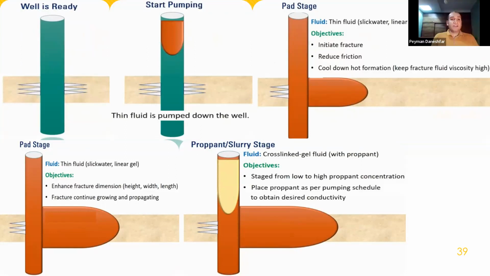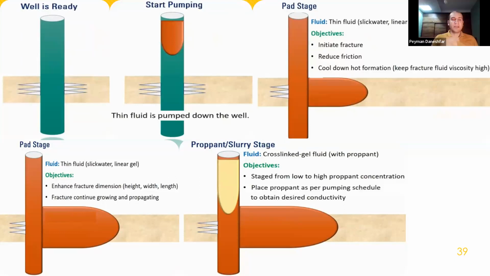After that, the fracture tends to close. Now we should use our cross-linking gel or slurry stages, mixing with the proppant stage from low to high proppant concentration, because every time in hydraulic fracturing, when we want to increase the concentration of the proppant in the gel, we should step and gradually increase the proppant concentration, because of the screen out problem.